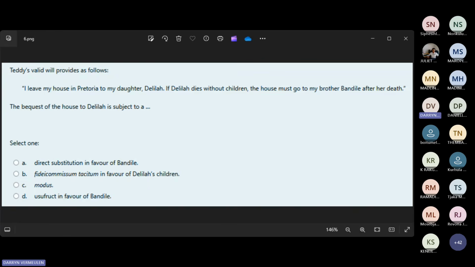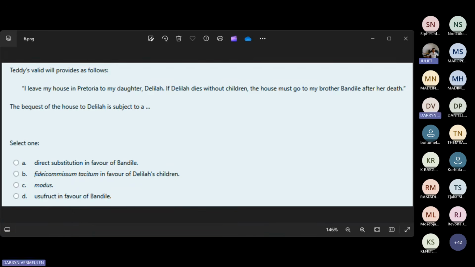Juliet, I saw that name come up very quickly. I think the answer will be A, because in terms of the will, it says that in the event Delilah dies, the house goes directly to the brother Bandile after the death of Delilah.